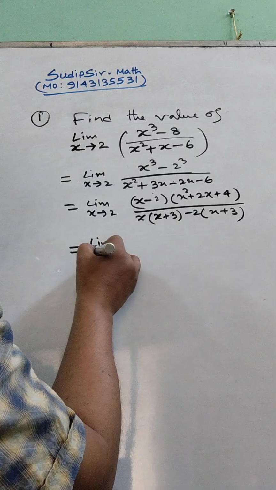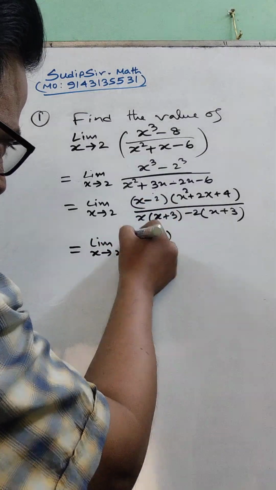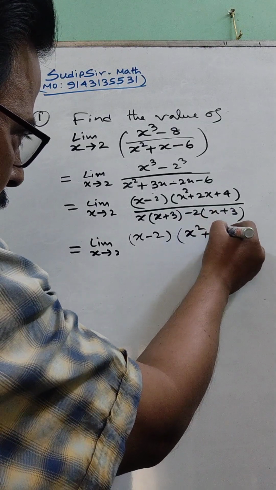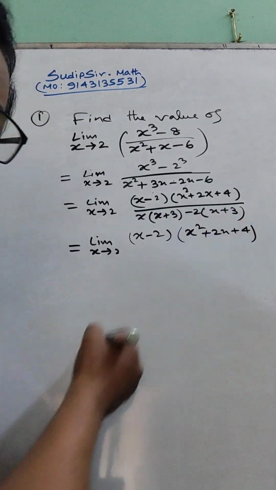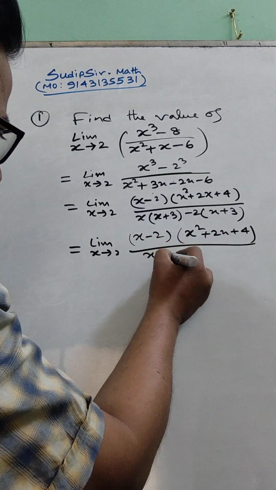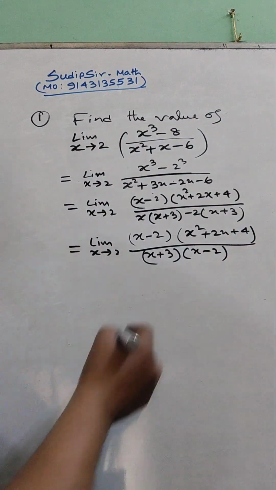Now limit x tends to 2, x minus 2 into x square plus 2x plus 4 by x plus 3 into x minus 2. Okay.